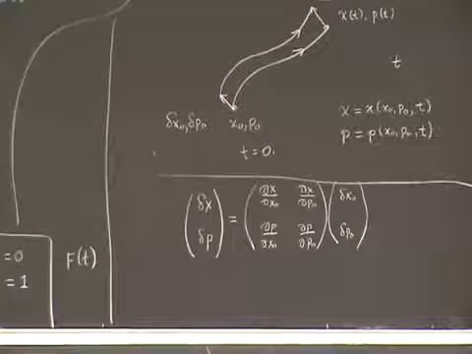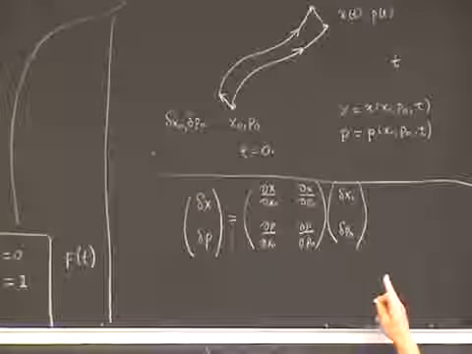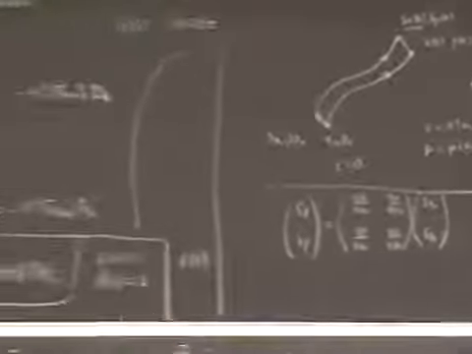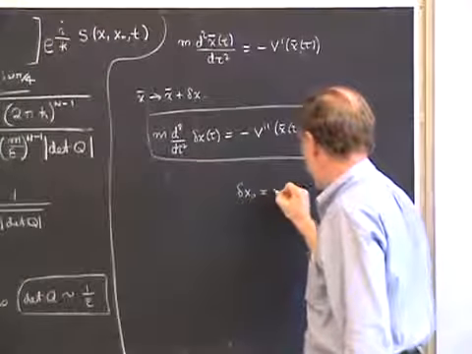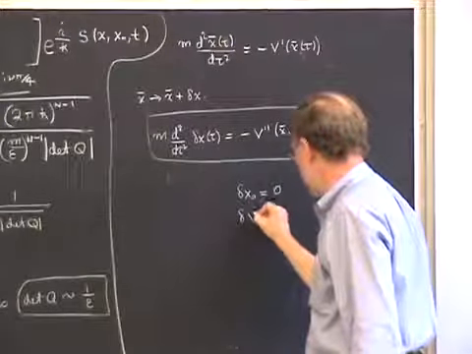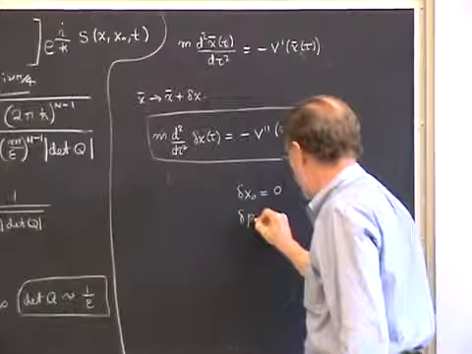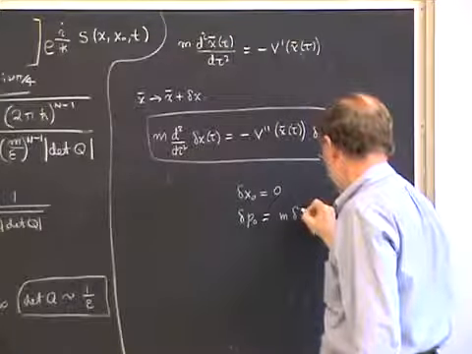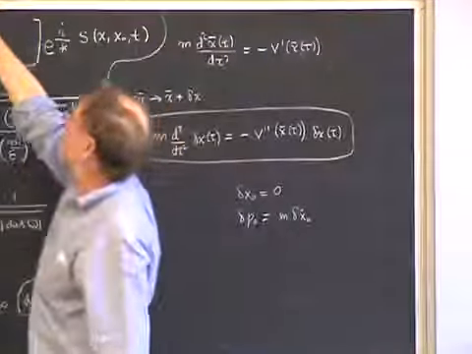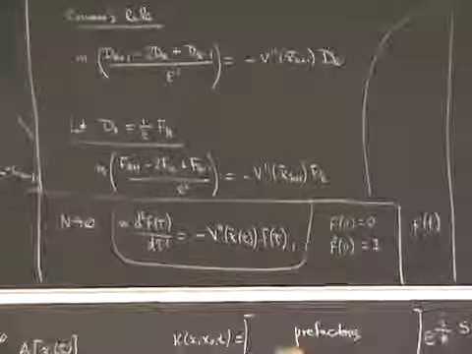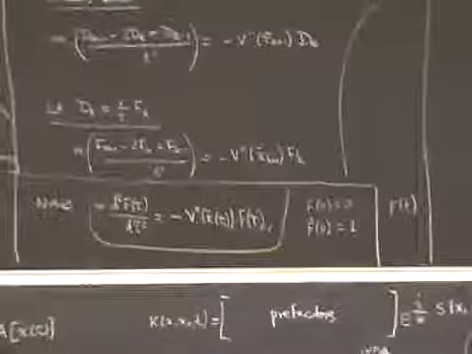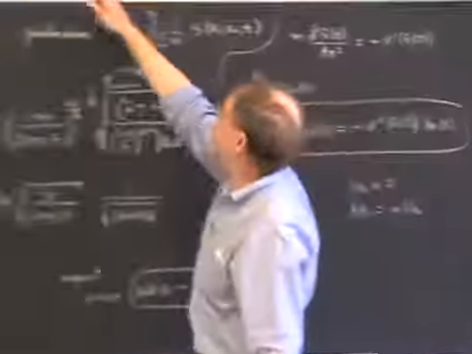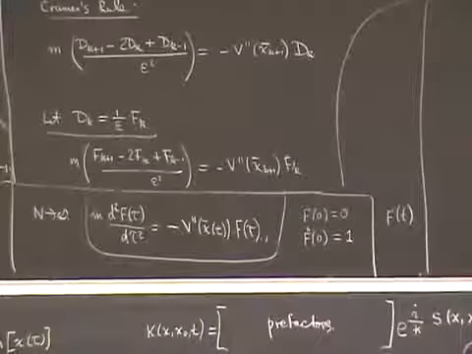So the idea is that if I want to take delta x0 equal to 0, we're going to set that equal to 0. As for delta p0, this is the same thing as the mass times delta x0 dot. But I want to identify the f here with the delta x because it's the same equation. So f0 dot is 1, so the delta p0 is going to be just m.